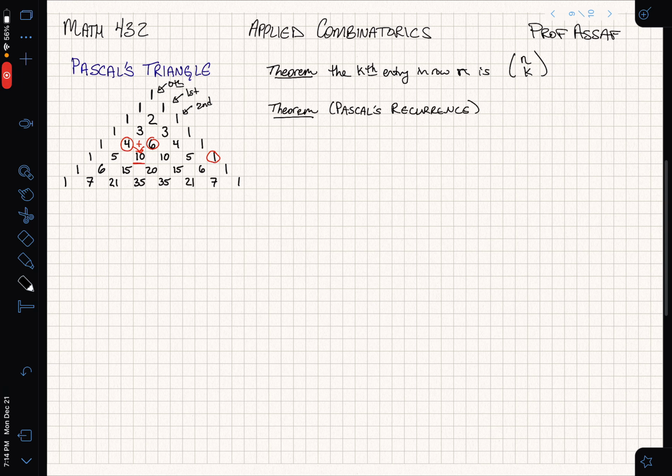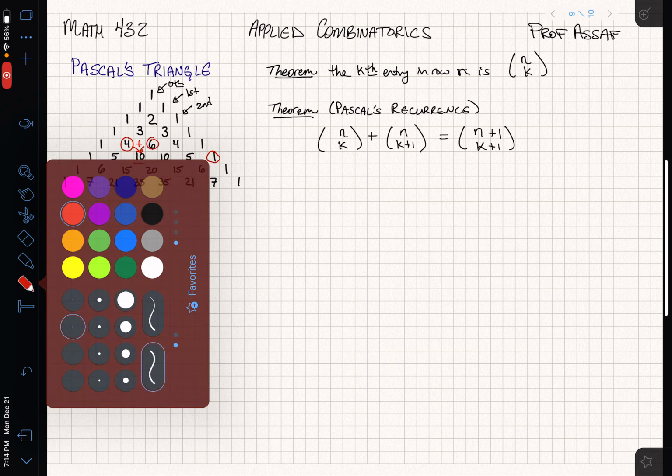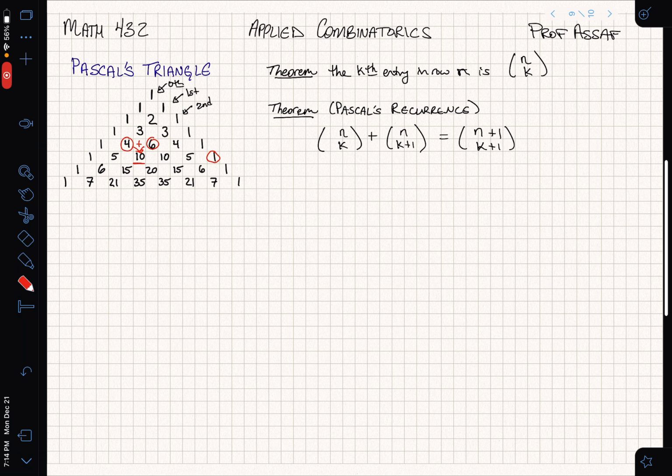Pascal's recurrence states that n choose k plus n choose k plus 1 is equal to n plus 1 choose k plus 1. It's called Pascal's recurrence because it's exactly telling us what this sequence is. So here we had the example of 4 choose 1 plus 4 choose 2 is equal to 5 choose 2.